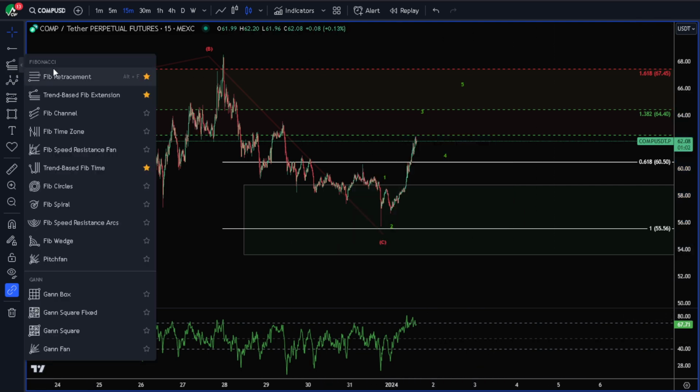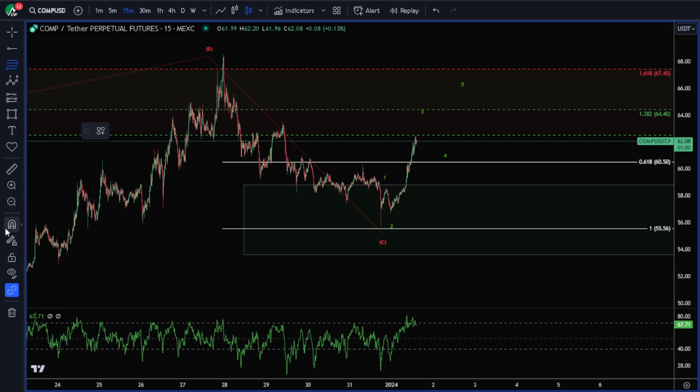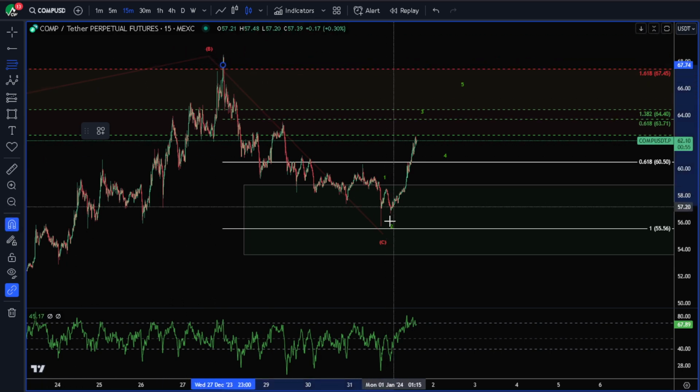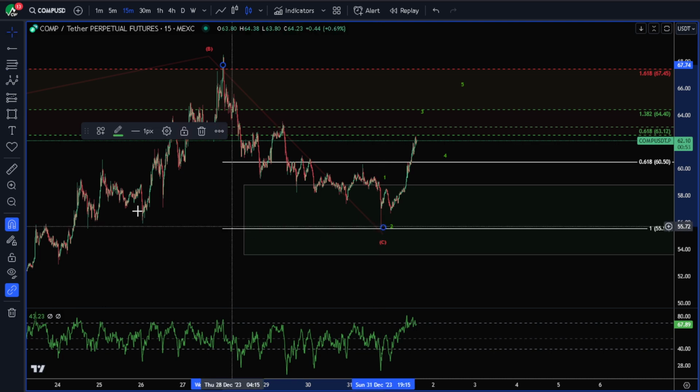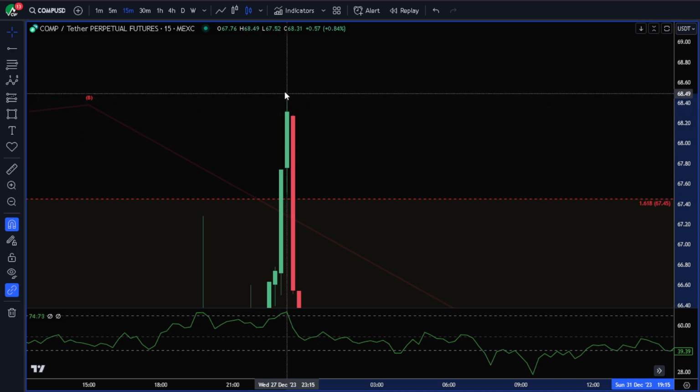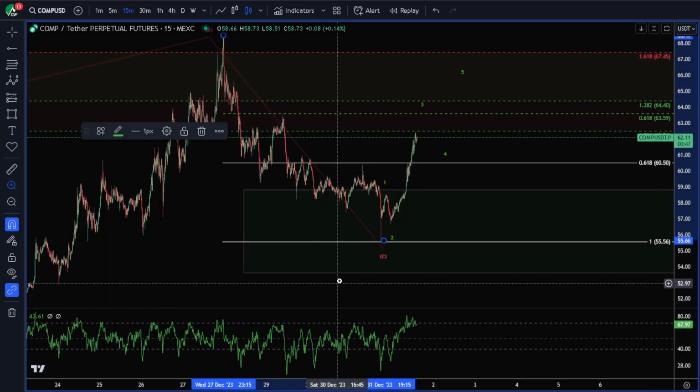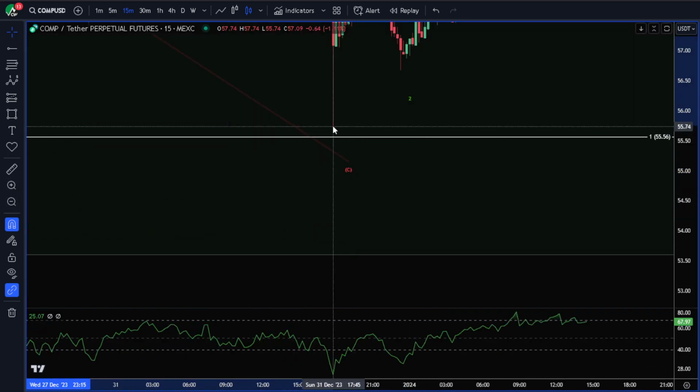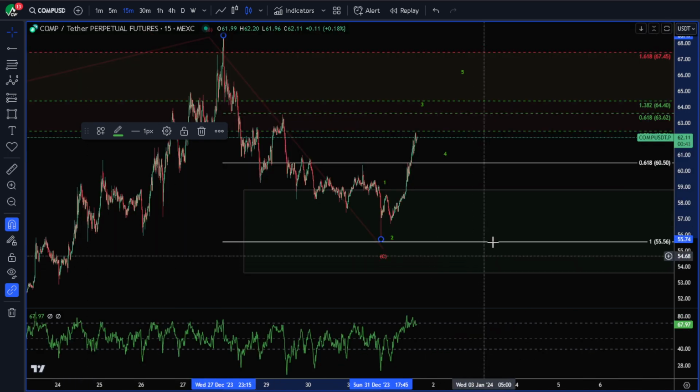And I'm going to throw on a retracement tool here, because probabilities shift to the upside as soon as we break through the 0.618 of this previous move to the downside. So we're just gathering our evidence here.